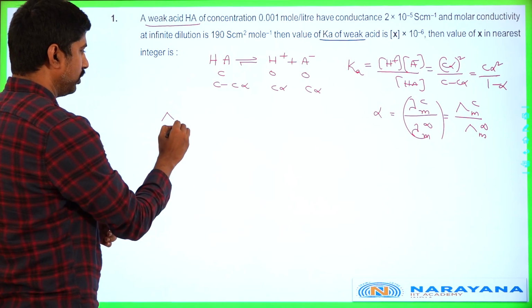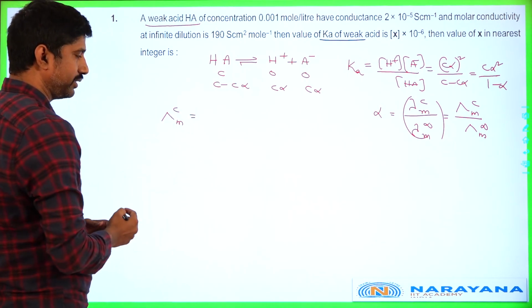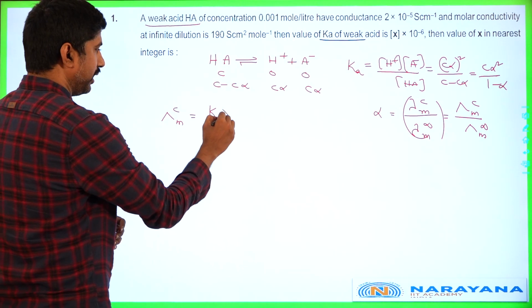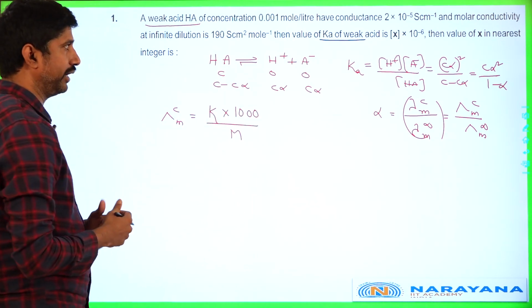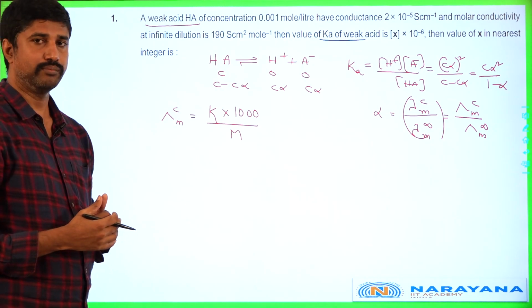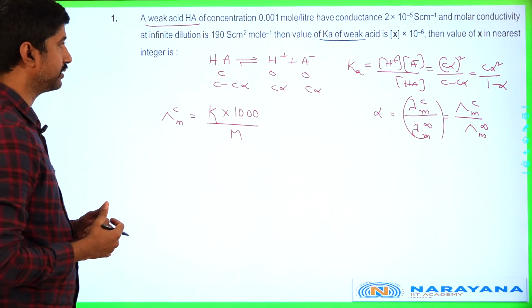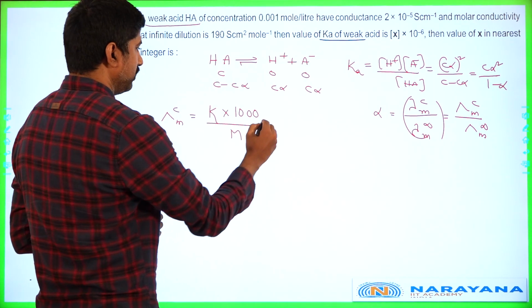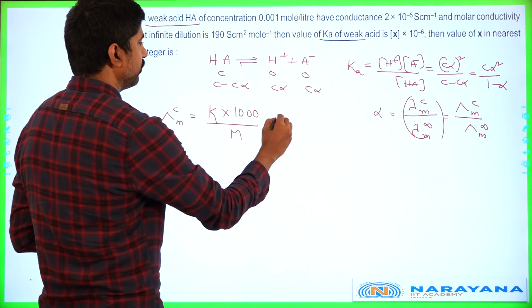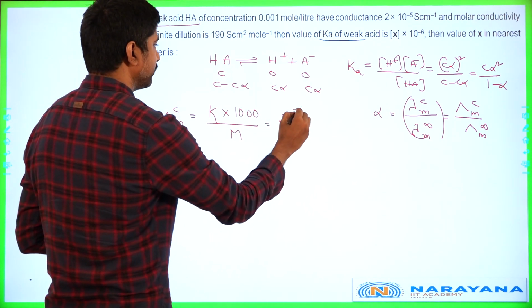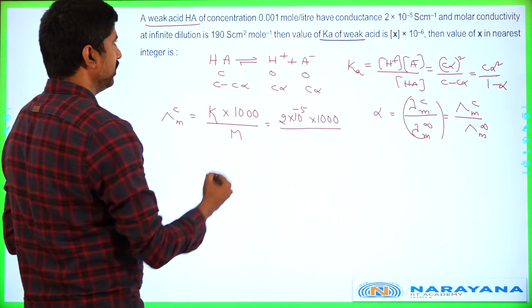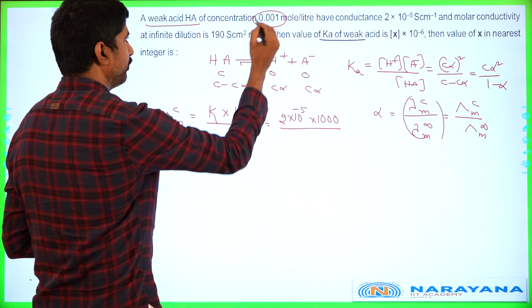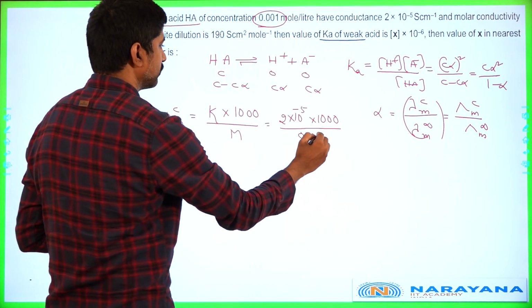We know that molar conductance at the given concentration can be written as K into 1000 by molarity. The value K they gave is 2 into 10 power minus 5, into 1000 by the molarity of the solution, which is 0.001.